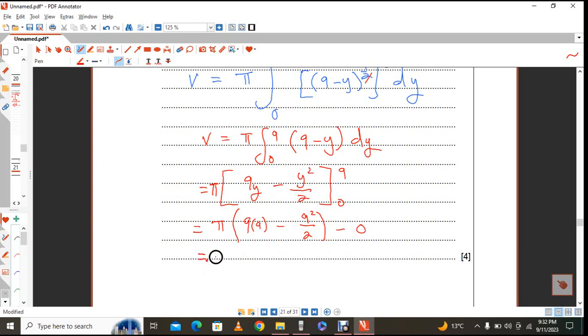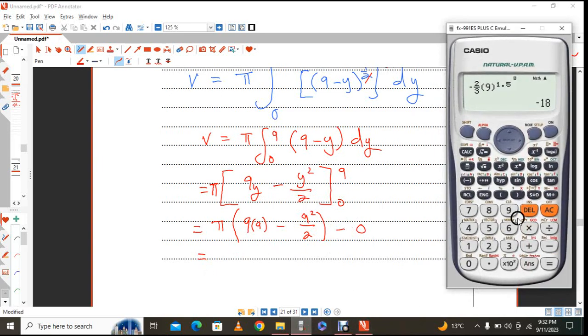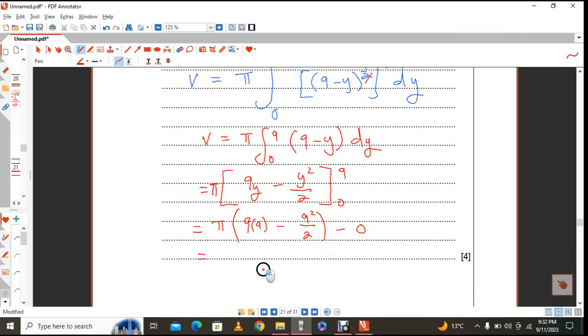So using your calculator, 9 times 9 is 81 minus 9 squared upon 2. So that gives me 81 over 2 or 40.5. So that is 40.5, of course, don't forget the value of pi. And again, this is units cubed.